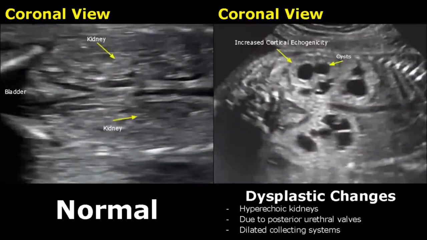In posterior urethral valves, membranes form in the urethra, the posterior part of the urethra near the bladder, which can cause obstruction of the entire collecting system. This leads to dysplastic changes in the kidneys. They appear hyperechoic and have cystic areas.